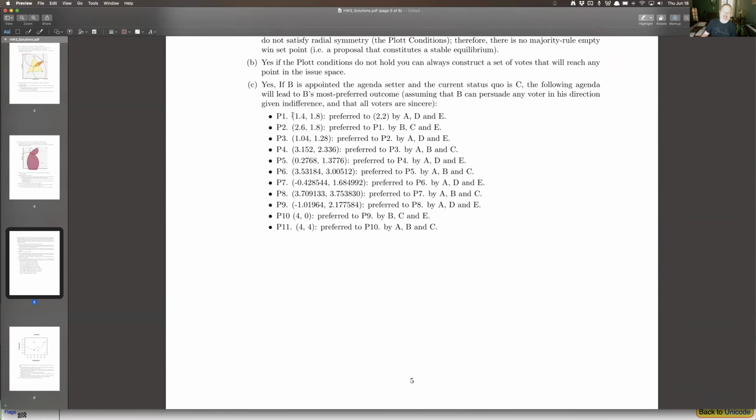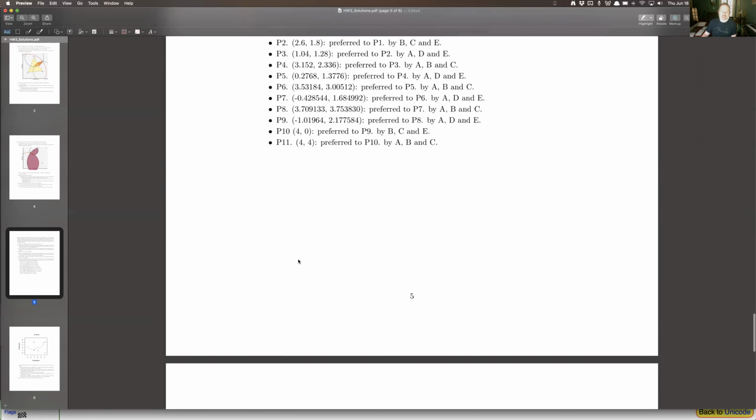So I first set 1.4, 1.8 to face 2,2, and it wins. I call that proposal 1. Then I have proposal 2, 2.6, 1.8, face proposal 1, and it wins. And all the way down, it takes me 11 moves here, but I eventually get to 4,4.